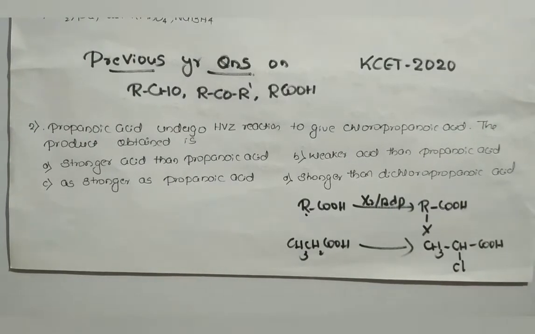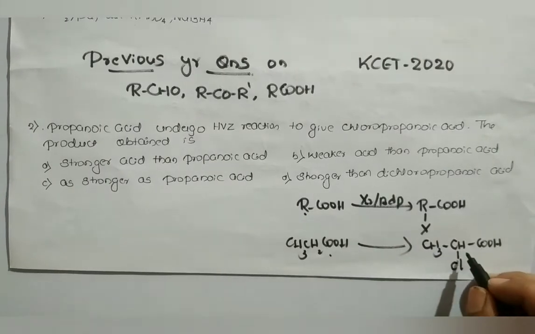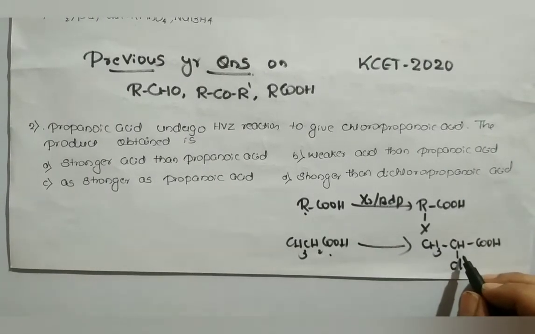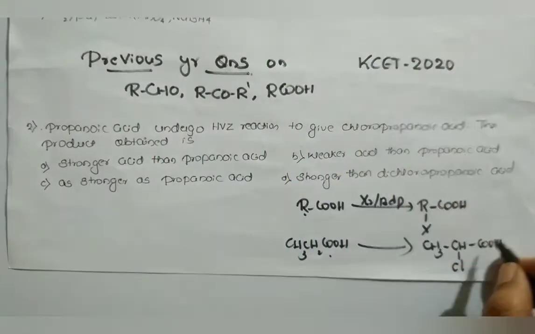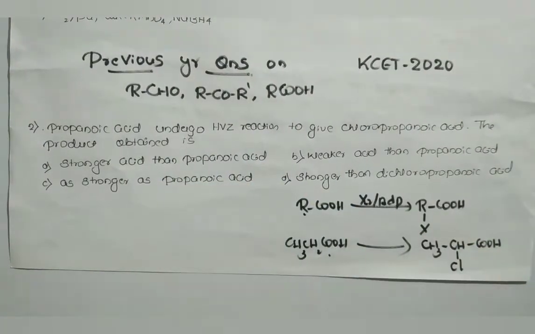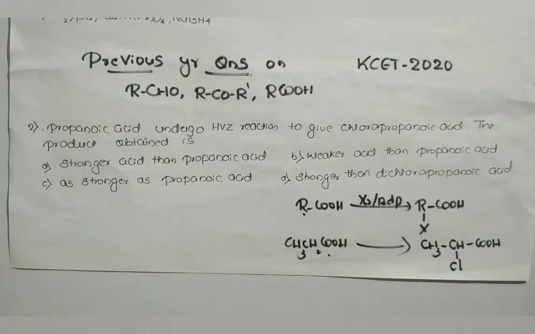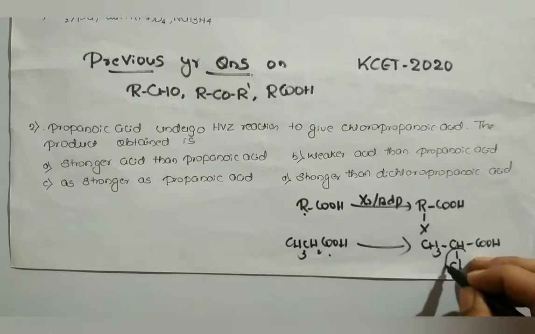So what they are asking is, when we compare this propanoic acid and this chloropropanoic acid, here you could see the product obtained is a stronger acid than propanoic acid, weaker acid than propanoic acid, as strong as propanoic acid, or stronger than dichloropropanoic acid.